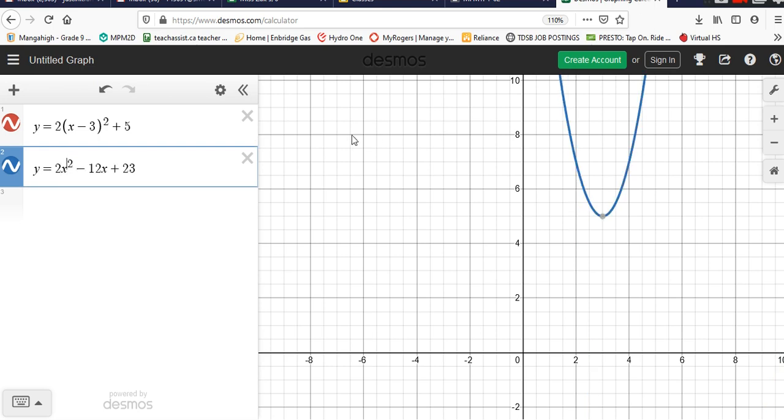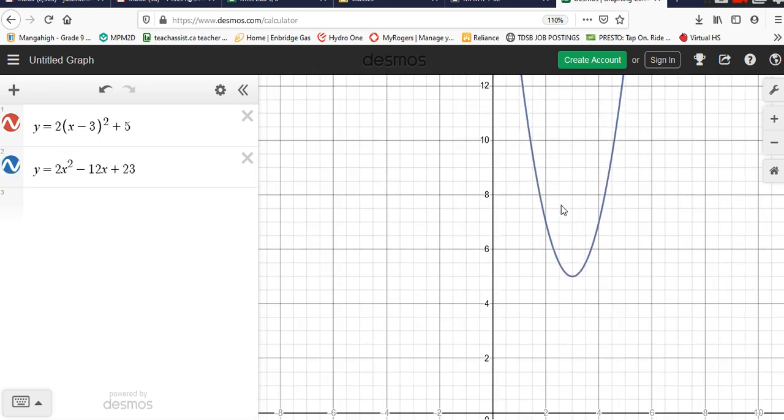If I look at these two graphs, I'll see that they are the same parabola written in two different forms. You've got the vertex form and the standard form.